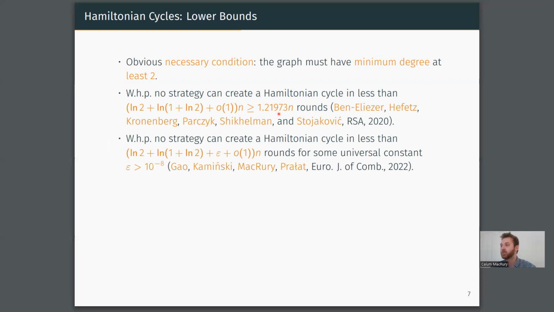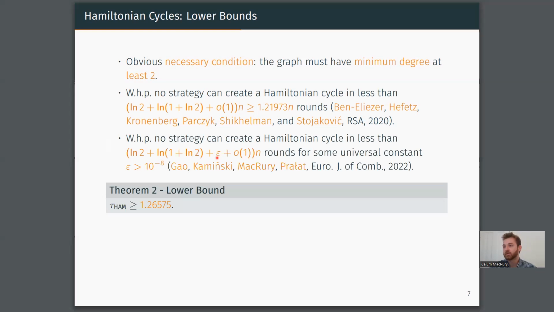In our previous paper, we showed that this wasn't tight and improved it by a negligible constant amount. And in this work, we show that there's no reason to believe the lower bound is really anywhere close to 1.21. And so we improve it by another 0.04.